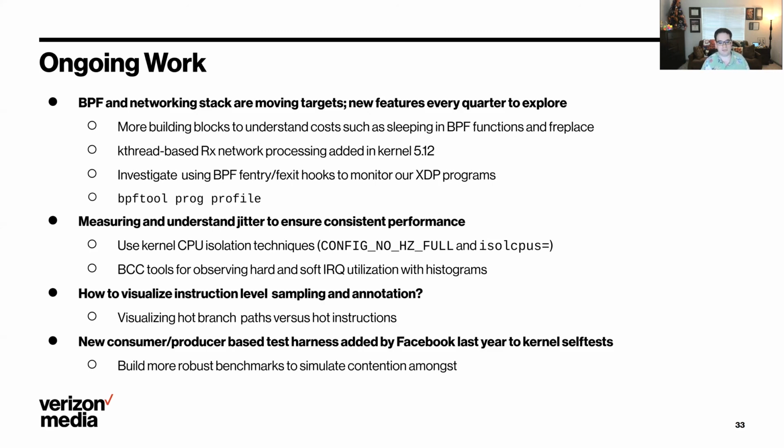This harness that they have added to the kernel allows us to build more robust benchmarks, so that we can not just look at path length, but also simulate various contention targets to further enhance our ability to understand the data structures and help decide when to use them.